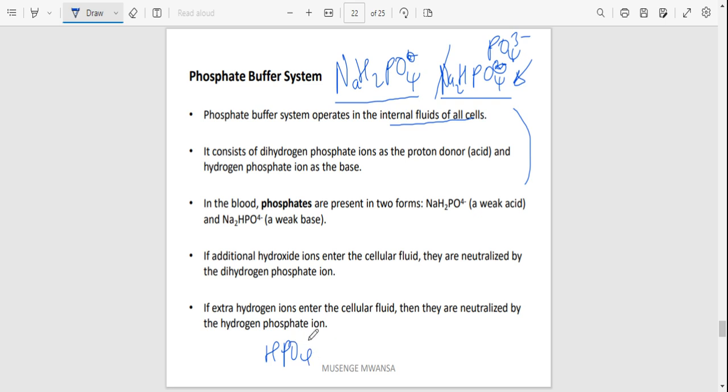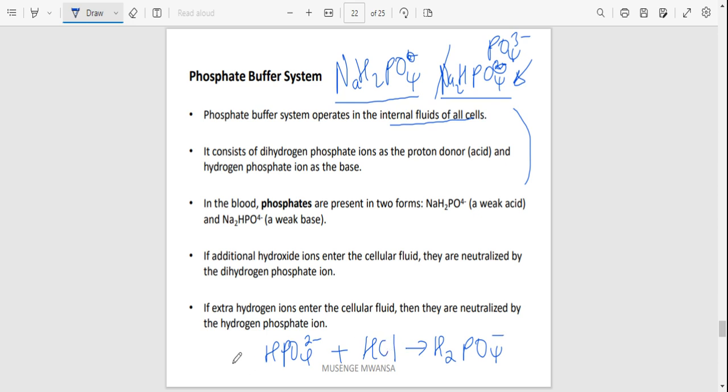Let's say I've reacted it with a strong acid like hydrochloric acid. So the hydrogen here is going to be attracted to this hydrogen phosphate, and what we are going to form is dihydrogen phosphate like that.